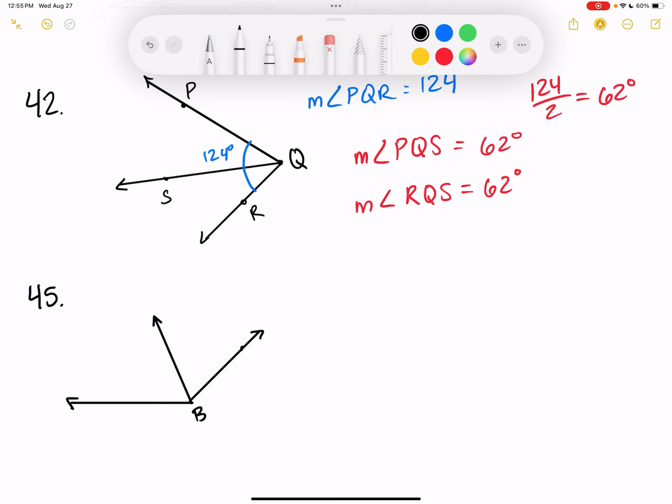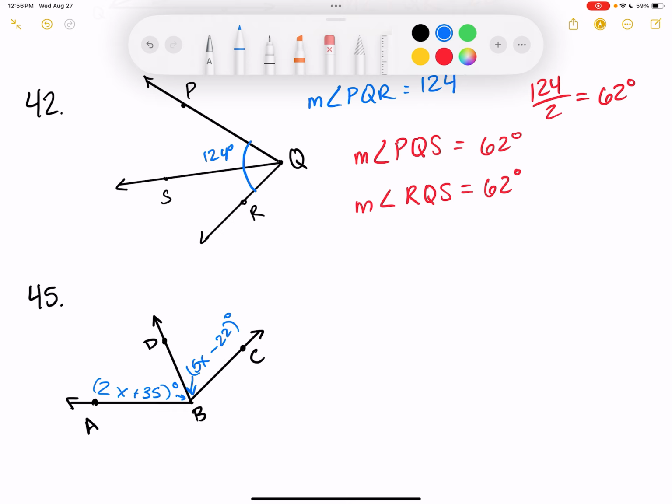This is B, C, D, and A. And then they tell us that right here is equal to 5x minus 22 degrees, and this one here is 2x plus 35 degrees.